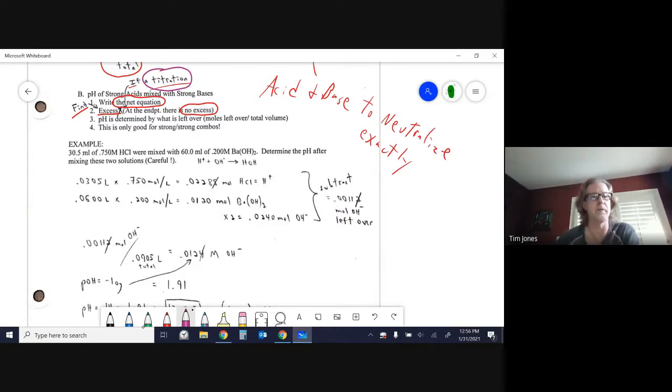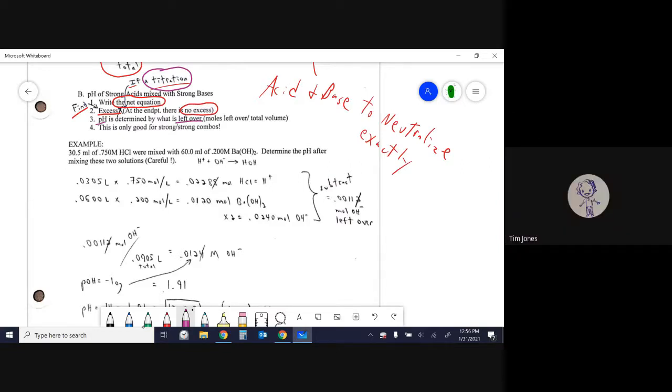What we do, if it's not a titration and you mix a strong acid with a strong base, the pH will be determined by whoever is left over and how much is left over. Notice it says this is only good for strong combos. That refers to what I mentioned earlier, where if you have something weak, things are a little more complicated, and we'll look at that later. So we have 30.5 milliliters of 0.750 molar HCl.